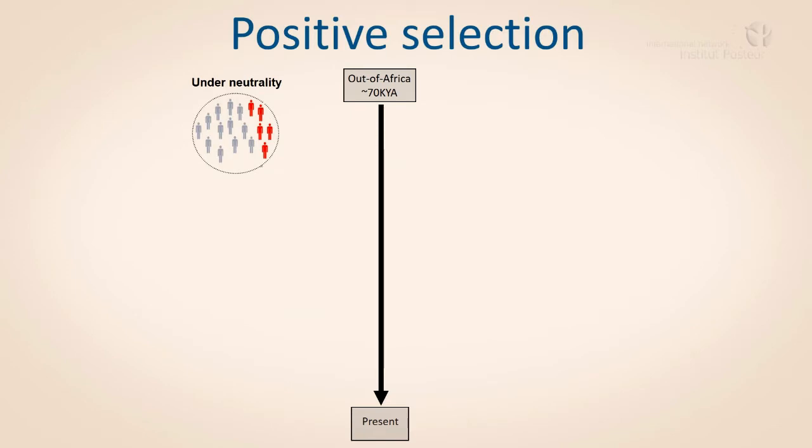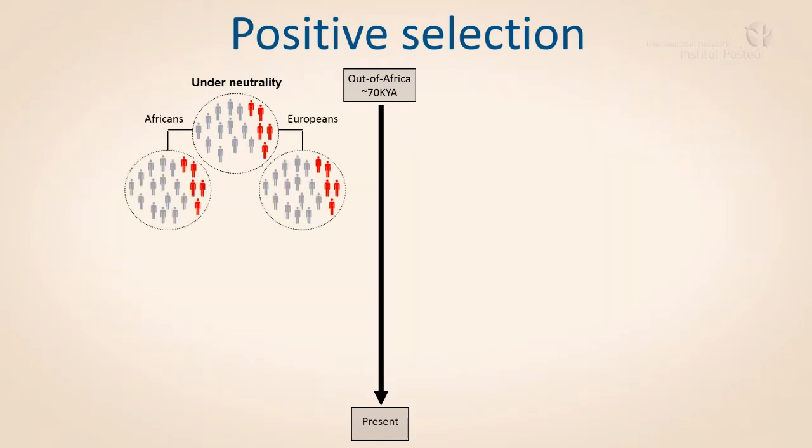Let's take an example of positive selection. And for that, let's go back to Africa, 70,000 years ago, where we were all living. Under neutrality, that means the absence of natural selection, here you have an African population with some blue people and some red people.